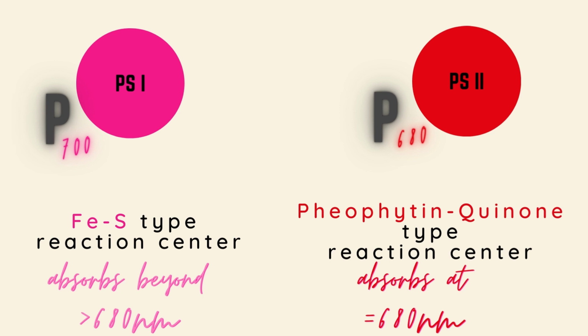Another one contains pheophytin and quinone in its reaction center, so it is called a pheophytin quinone type reaction center photosystem. What is the difference between these two? PS1, also known as P700, absorbs light beyond 680 nanometers, that means 700 nanometers or more, and another one absorbs light equal to or less than 680 nanometers. This system is photosystem 2.